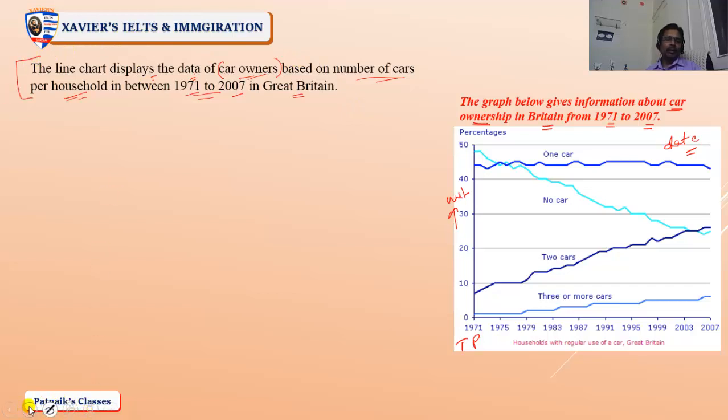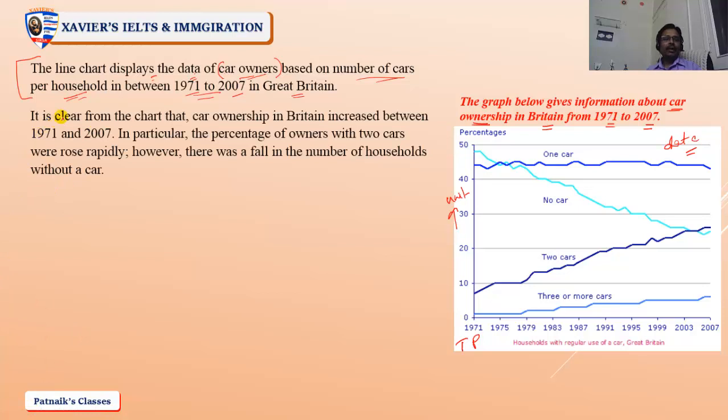Similarly, now we will plan the overview. Overview means what? A summary about the data, not the figures. Remember, not the figures. We will try to cover the data items in a summarized way. So what will the summary be? It is clear from the chart that car ownership in Britain increased between 71 to 2007.